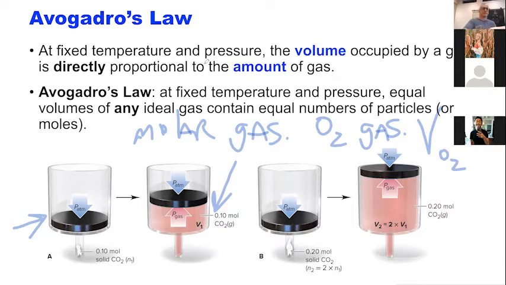Since to determine the value of R, we need to know P and V and n and T, we're going to measure the volume. We're going to calculate the number of moles, and we're going to measure the temperature. How are we going to measure the pressure?